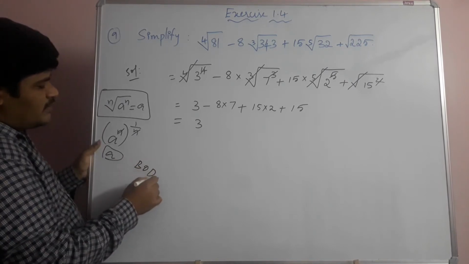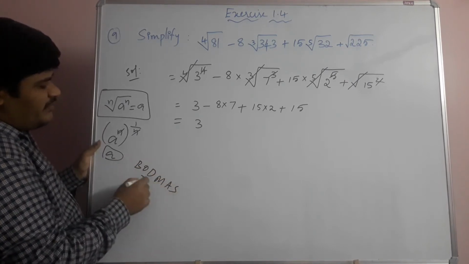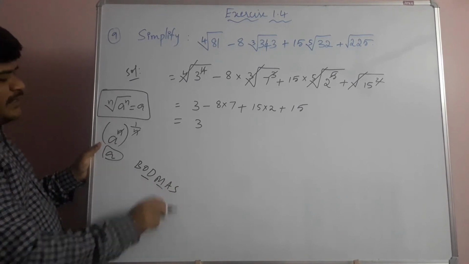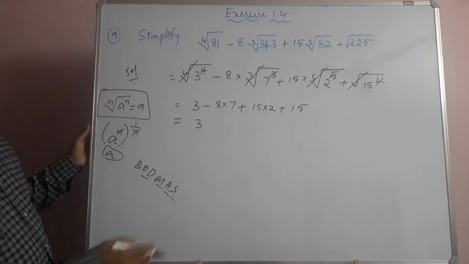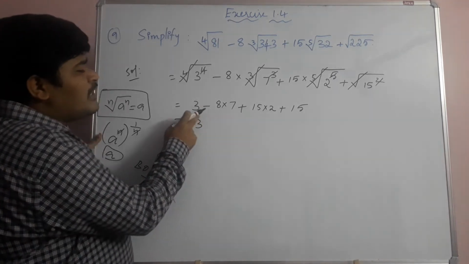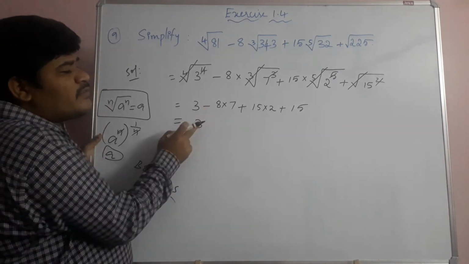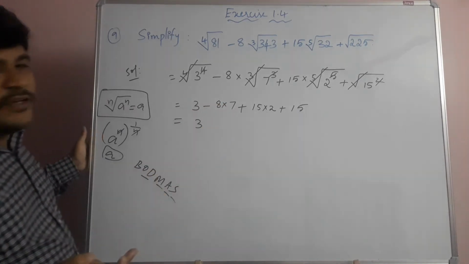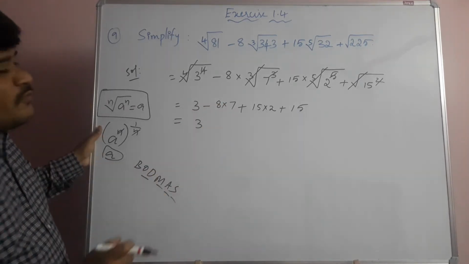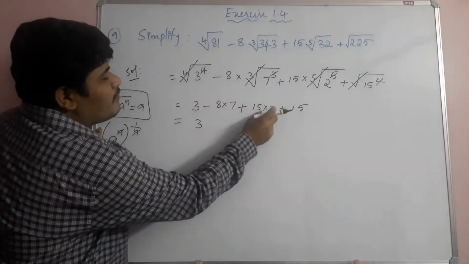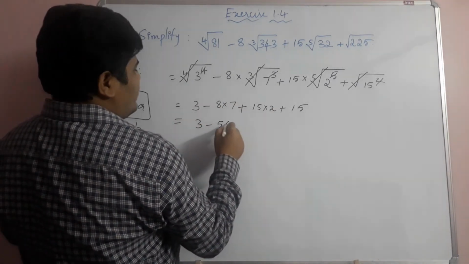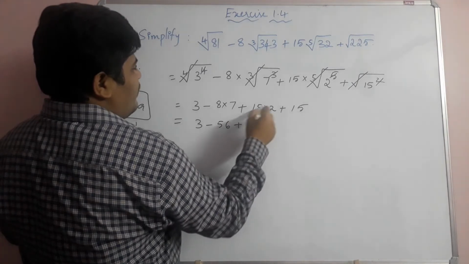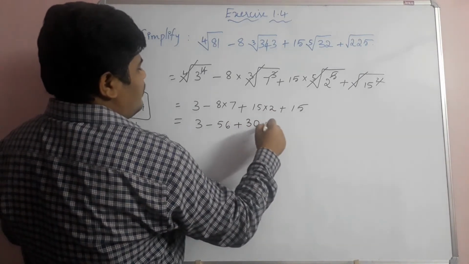Bracket, of, division, multiplication, addition, finally subtraction. So if you do 3 minus 8 first, minus 5 into 7 minus 35, that is absolutely wrong. First we have to complete the multiplication part. So 3 minus 56 plus 30 plus 15.